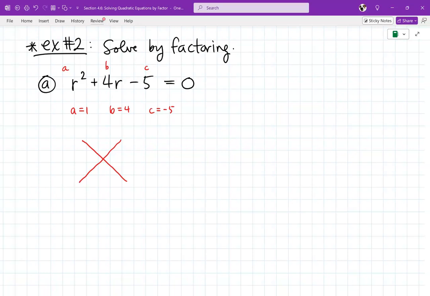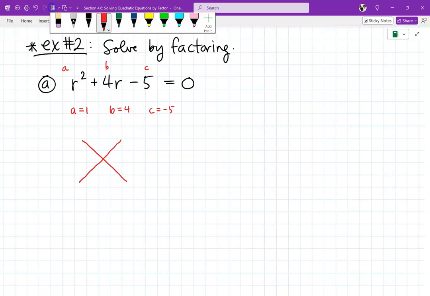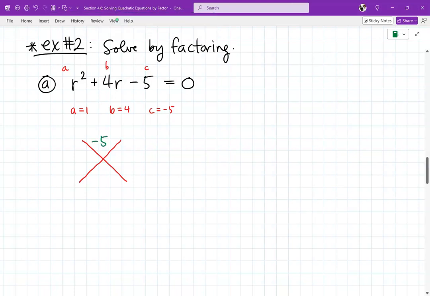So on the top of the x, you're supposed to multiply a times c. So a times c is negative 5 because it's 1 times negative 5. On the bottom, you're supposed to put your b value. That's a 4. So now you have to think of two numbers that multiply to negative 5 that add up to a positive 4. 5 and a negative 1.